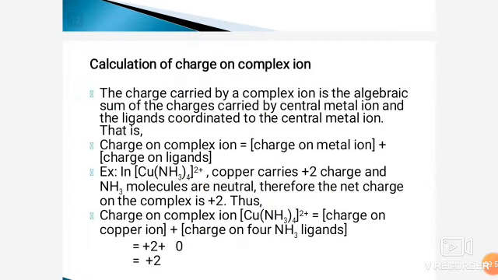Then, how to calculate the charge on a complex ion? The charge carried by a complex ion is the algebraic sum of the charges carried by the central metal ion and the ligands coordinated to it. That is, charge on complex ion equals charge on metal ion plus charge on ligands. In the tetraammine copper complex, copper carries a plus 2 charge and ammonia molecules are neutral, that is 0 charge.